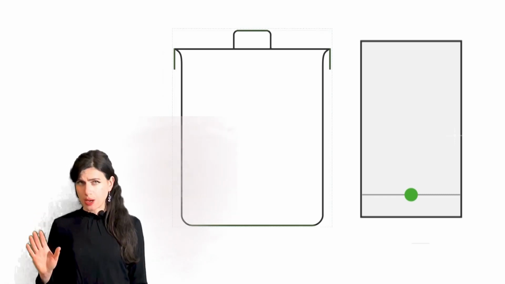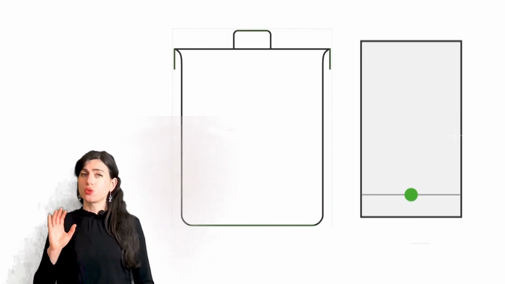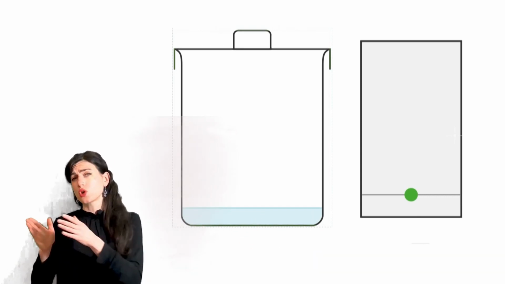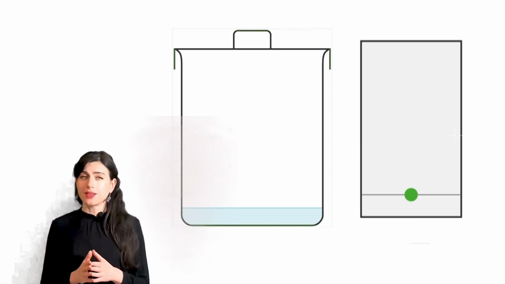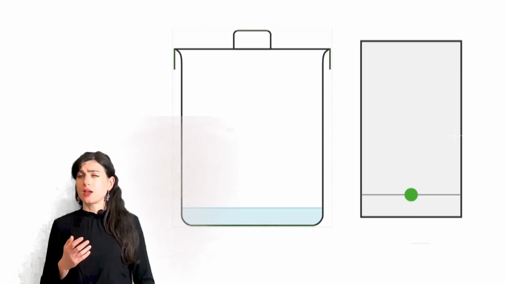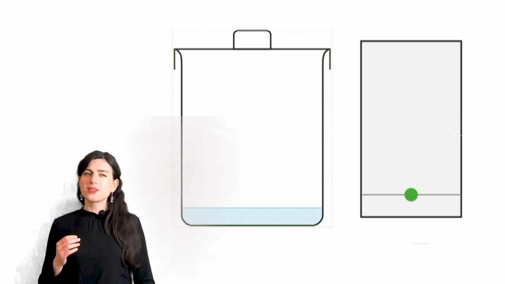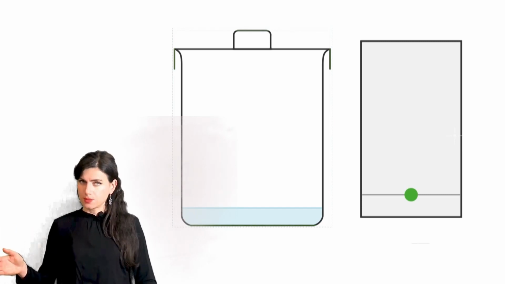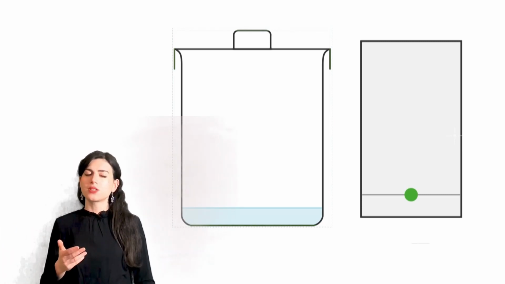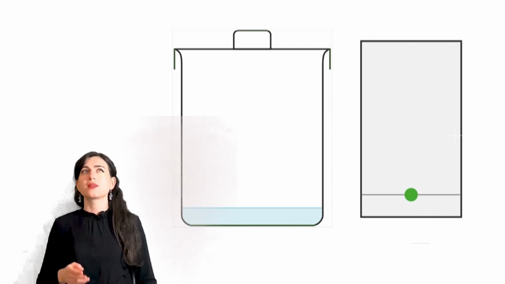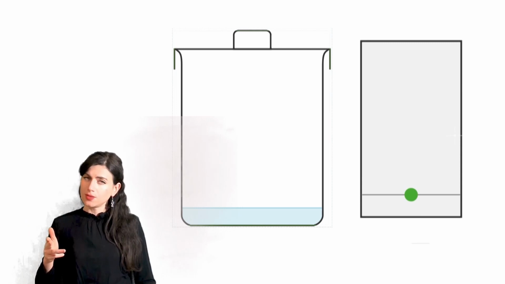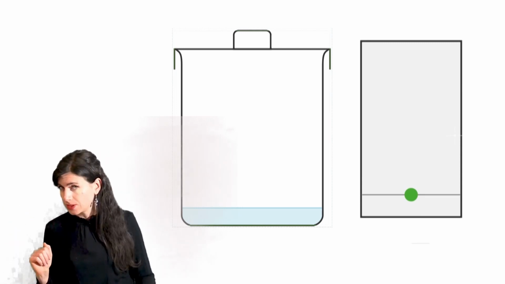Inside the elution chamber, we place the elution mixture, a specific mixture of 1 or 2 solvents chosen appropriately for the separation. Typically, an elution mixture consists of a non-polar solvent plus a polar solvent. Just to understand, a common eluent mixture is hexane, a non-polar solvent, with ethyl acetate, a polar solvent.